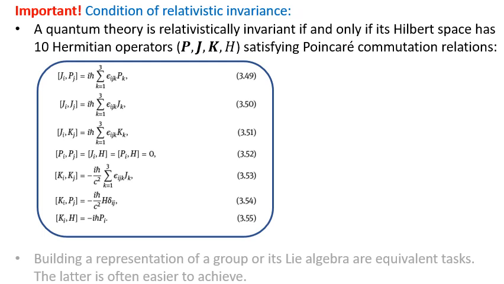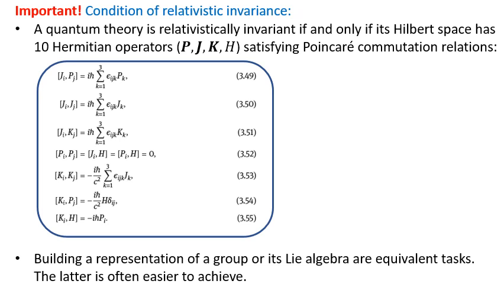It doesn't matter whether your theory has a covariant looking Lagrangian or field equations. If you cannot specify the 10 operators with the required commutators, then your theory is not relativistic.